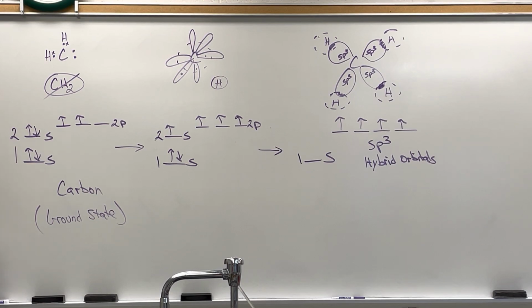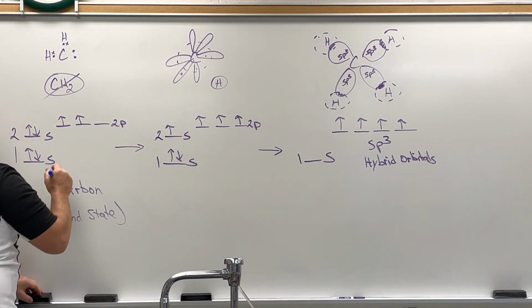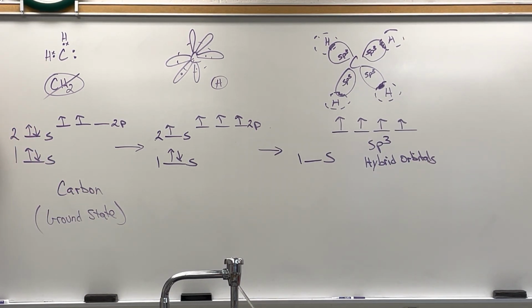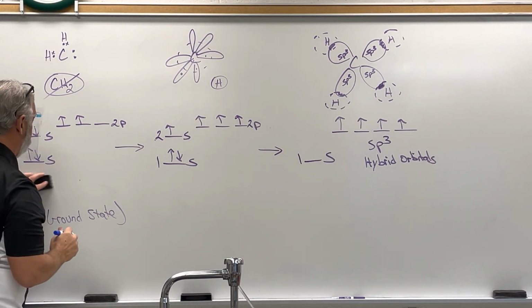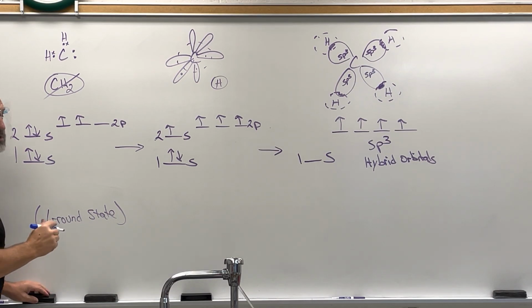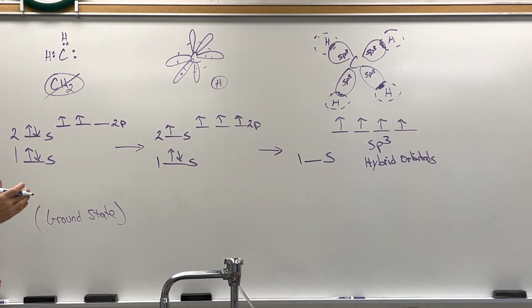Let's look at nitrogen, to figure out how ammonia is going to form. You might want to do this on the back of a sheet because there's no space in your notes for this.